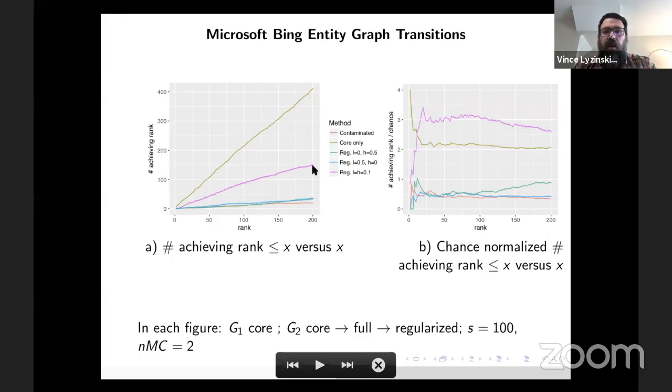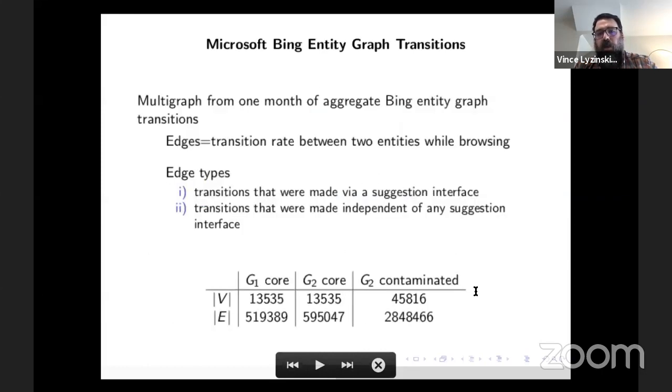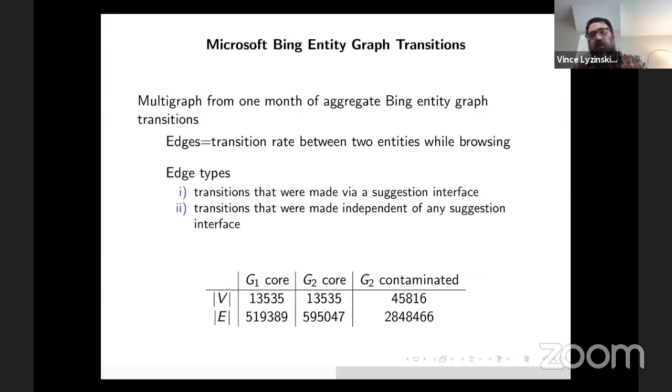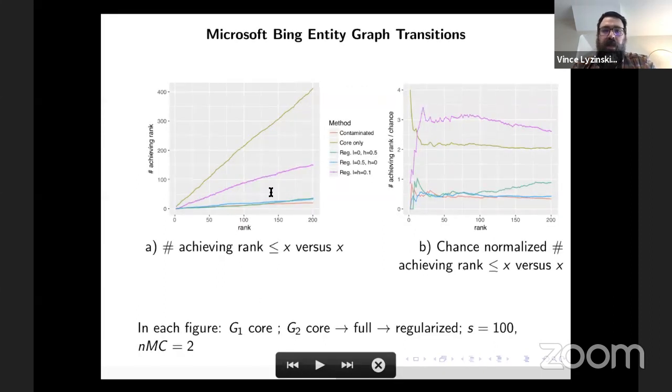And you can see that although we're not able to recover the performance in the clean setting, this is only trimming 10% of the top and bottom of the networks. So we have 46,000 vertices, so it's only trimming roughly 9,000 total vertices. We still have, I don't know, 36,000 vertices versus 13,000. We're still able to recover a huge chunk of the missing performance. So the red down here, our performance falls off a cliff, and we're able with this regularization to recover a big piece of the missing performance.